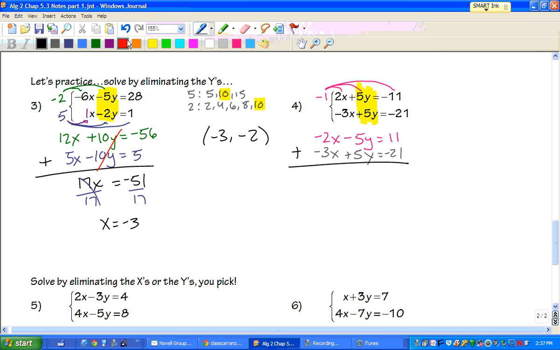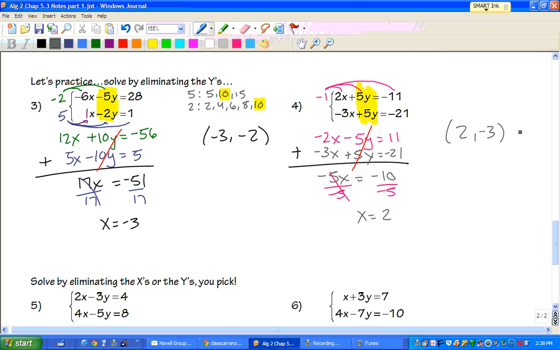Okay, and then you add everything up. Your y's cancel. You get negative 5x equals, that should be negative 10. X equals 2. Okay, now when you plug it in, you know what number you're going to get?